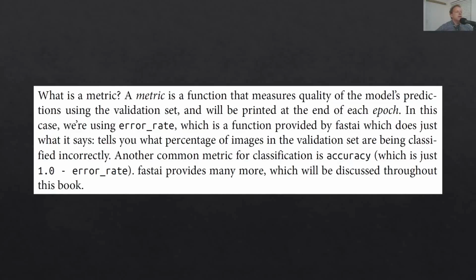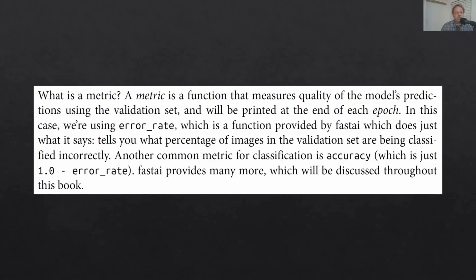But basically, you need a loss function where if you change the parameters by just a little bit up or just a little bit down, you can see if the loss gets a little bit better or a little bit worse. And it turns out that error rate and accuracy don't tell you that at all, because you might change the parameters by such a small amount that none of your dog predictions start becoming cats and none of your cat predictions start becoming dogs.